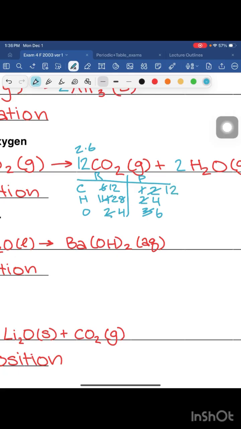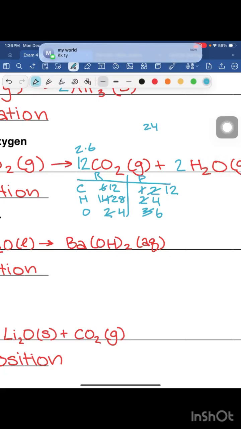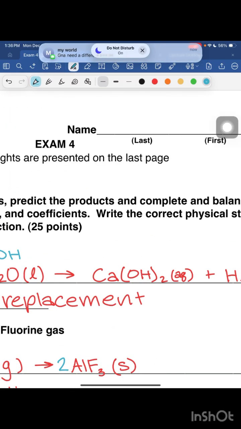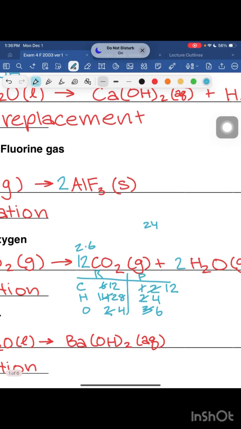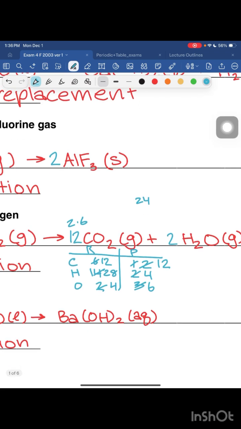That also is going to update this oxygen. So I've got the 12 times 2, which is 24, plus the 2 that I've got over here, giving us 26 oxygens on this side.